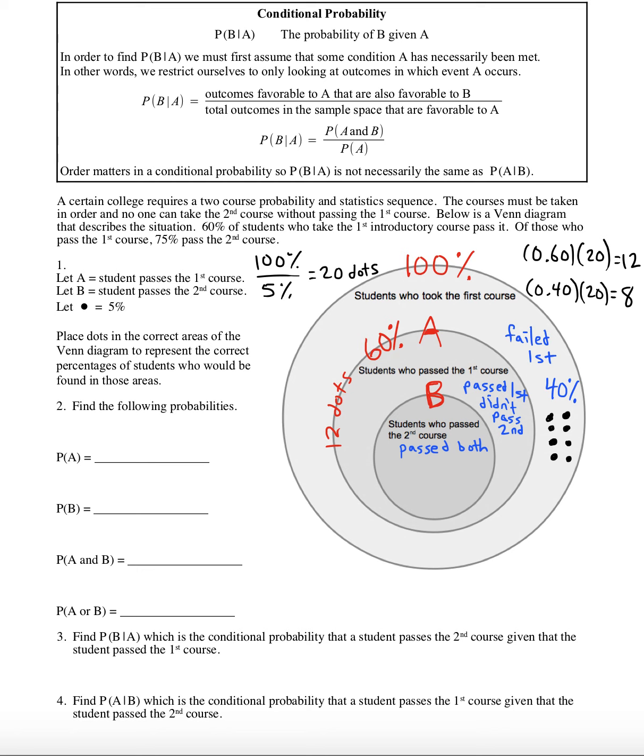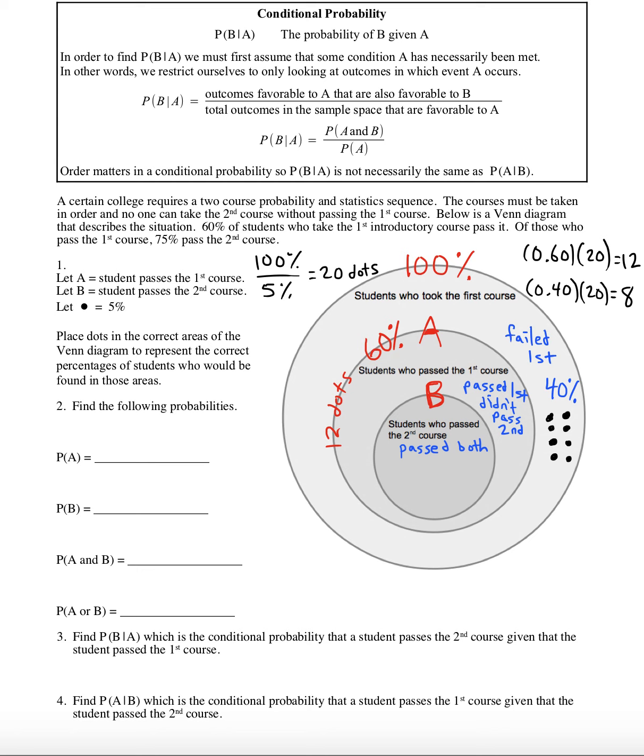All right, now the last piece of this is to figure out how to distribute the remaining 12 dots. What portion of them go in the inner bubble and which ones go in the middle ring. And this is where the conditional probability will come into play.